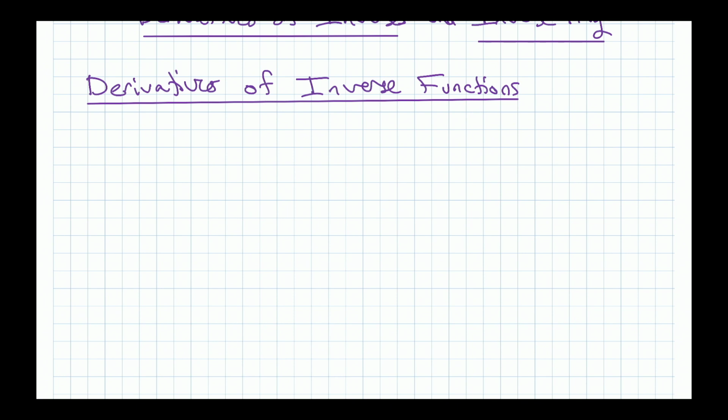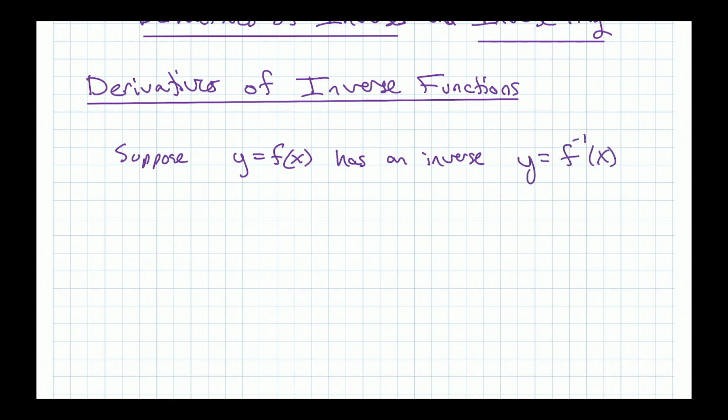Suppose you have a function that has an inverse, like this one. Suppose y equals f of x has an inverse. I'm going to call it y equals f inverse of x. I just put y equals for both of them because we're going to put these on the same graph.